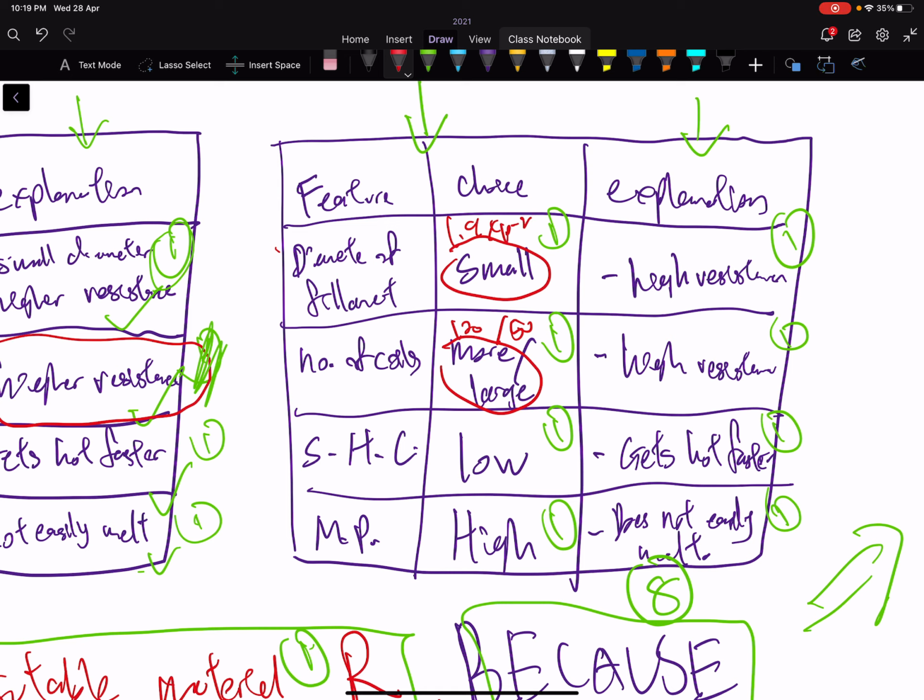And then we have to figure out, what does this mean? Does this mean you want something big, or do you want something small? You're only telling us you want this one, but we don't know why you want this one. Okay? So try to avoid writing this, but choose small, more, larger, low, high.